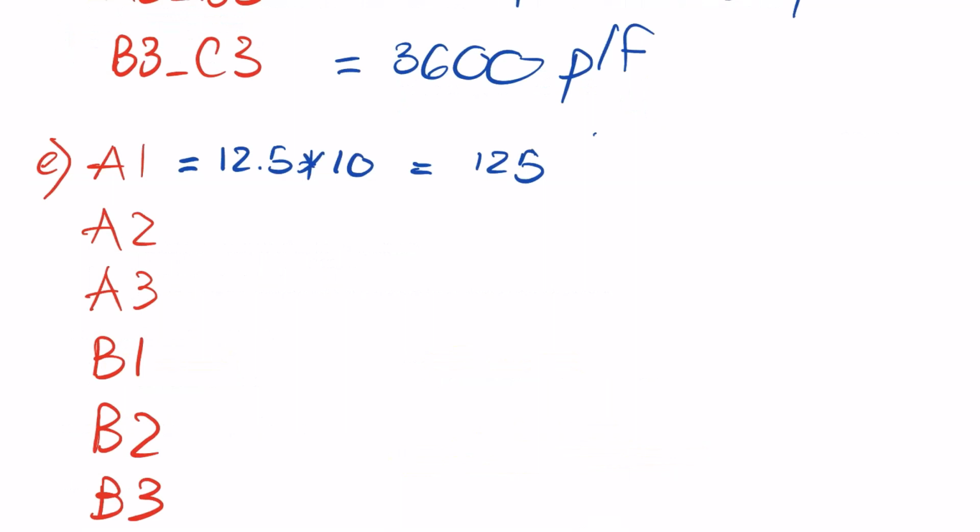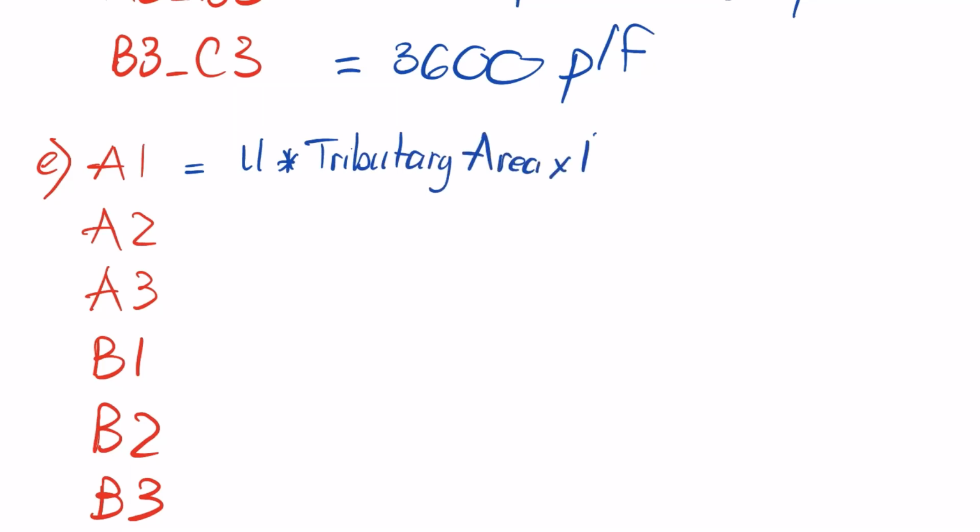So I can apply it over here. This one is not correct. So it is equal to U multiplied by tributary area multiplied by floor above it.